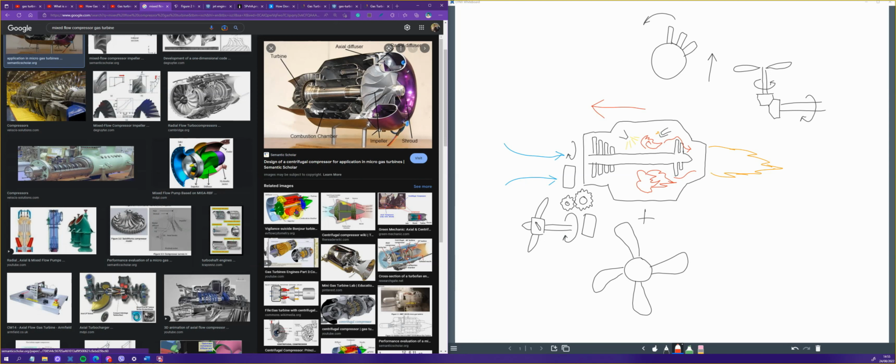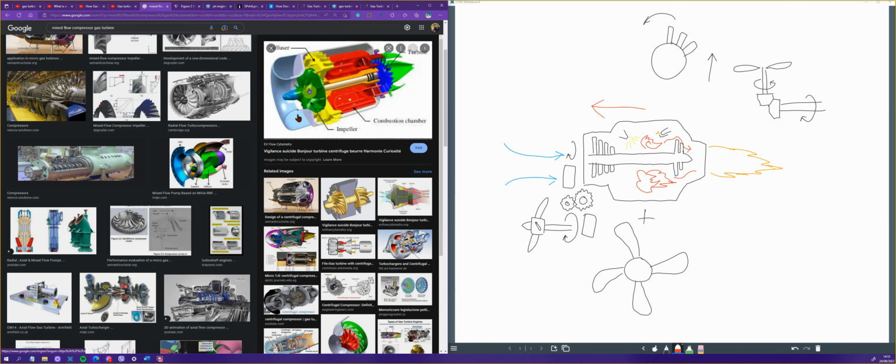Meron kang diffuser, then meron ka ring impeller. Ito yung mixed flow kasi combination siya. Makikita nyo to sa mga turbocharger.